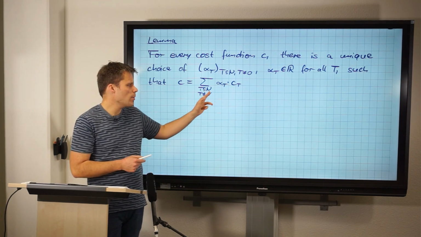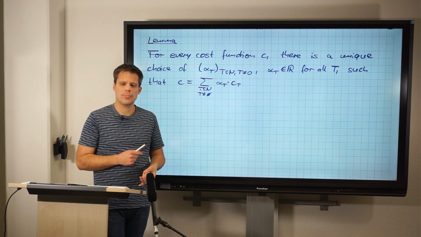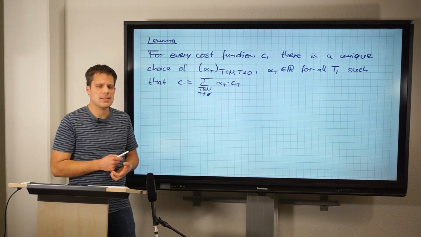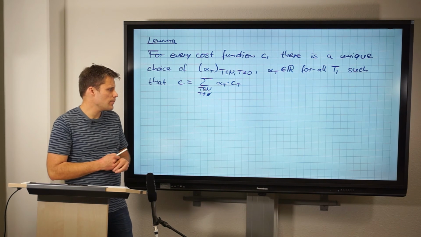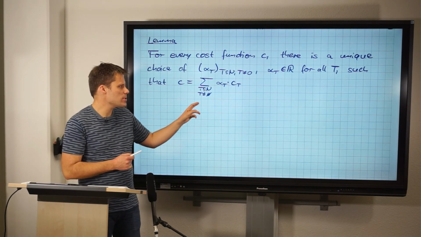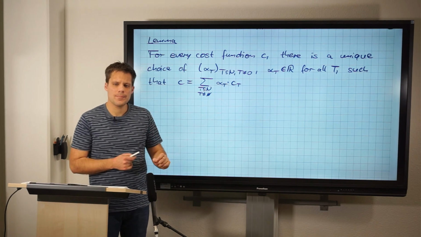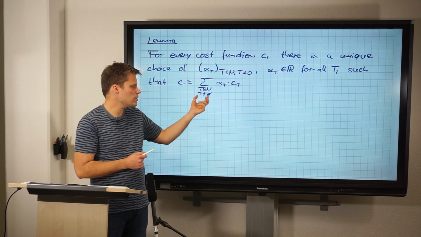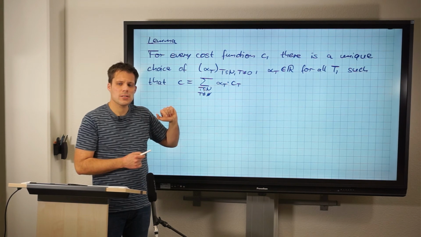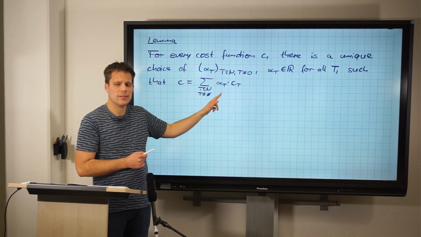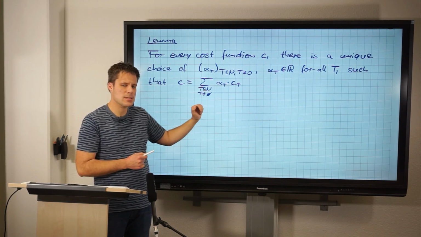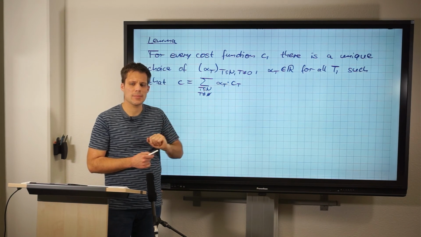And now what we'll effectively do is we'll present C as a linear combination of these, or in other words, we just find a vector of these alpha t values such that the cost function is represented by taking a sum over all possible sets t, alpha t times Ct.